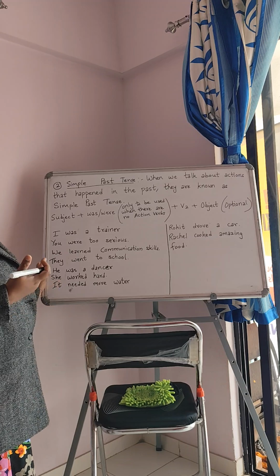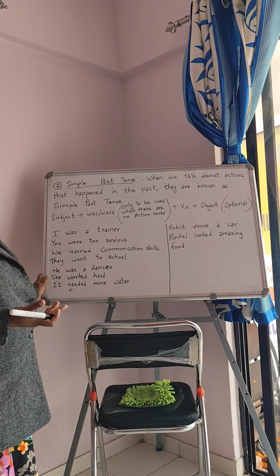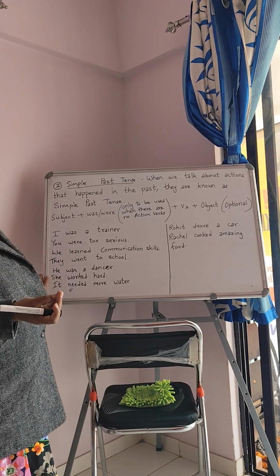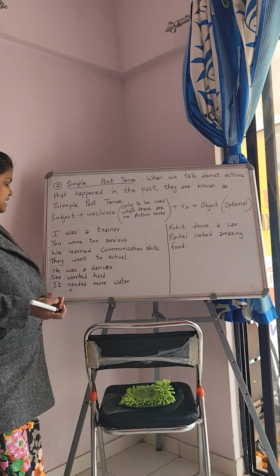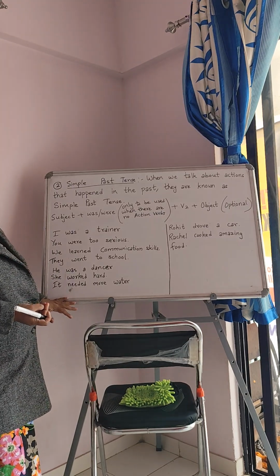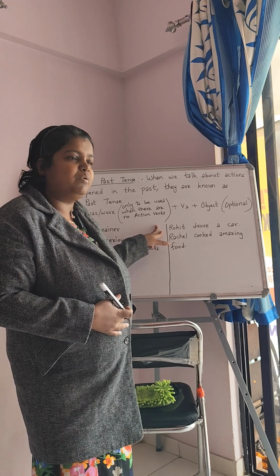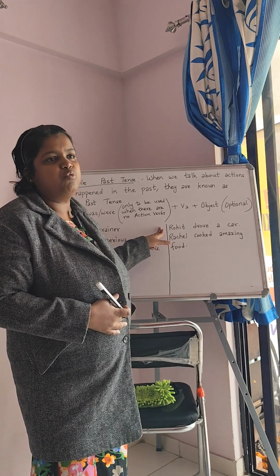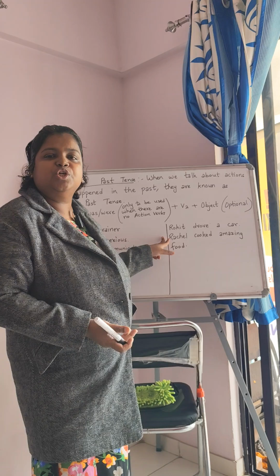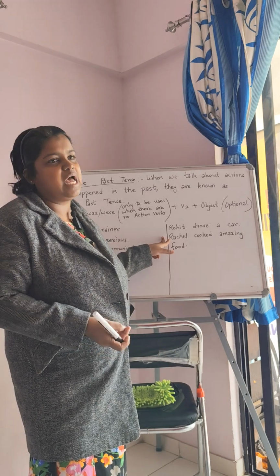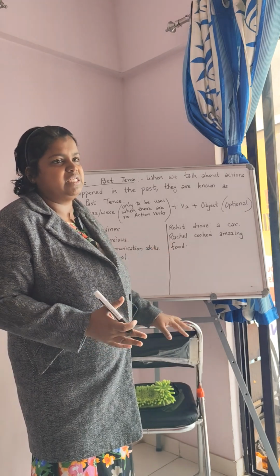He is a dancer is now he was a dancer. She works hard has become she worked hard. It needs more water has become it needed more water. Rohit drives a car was our example in simple present tense. It's now Rohit drove a car. Rachel cooks amazing food is now Rachel cooked amazing food.